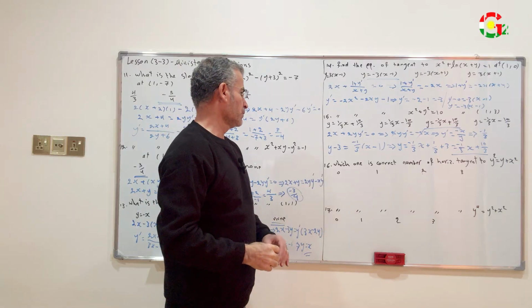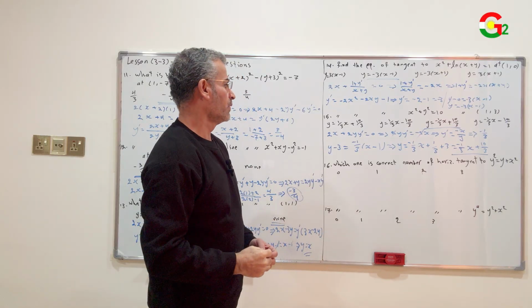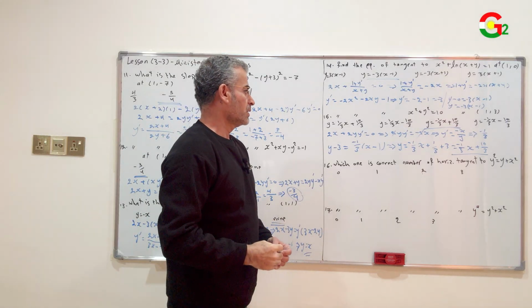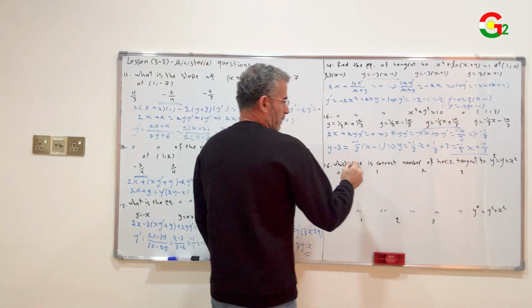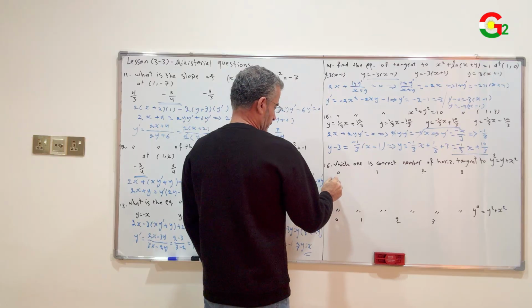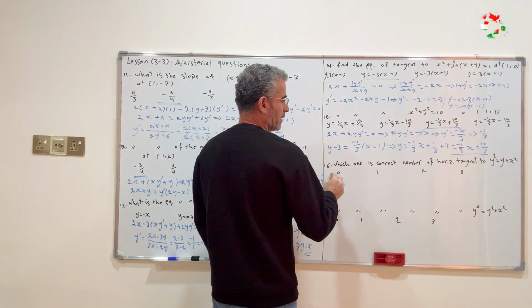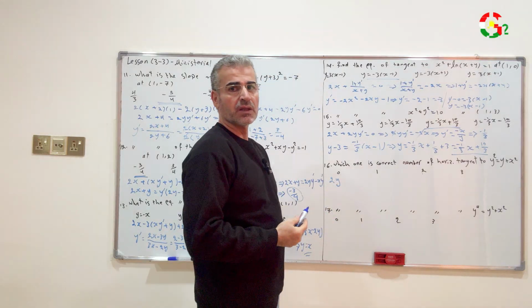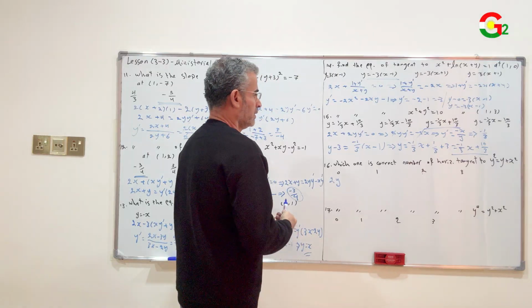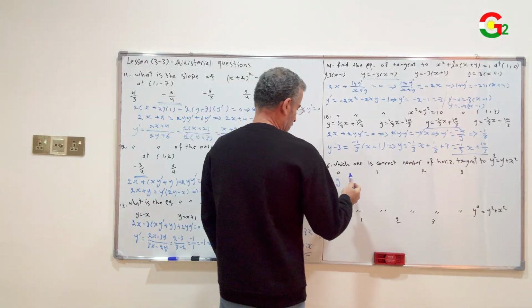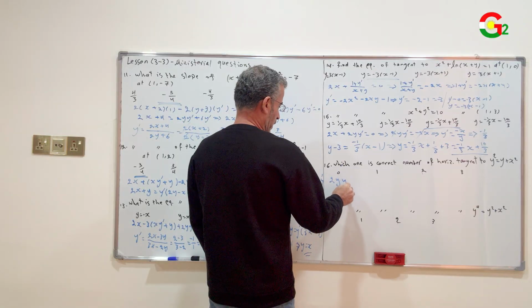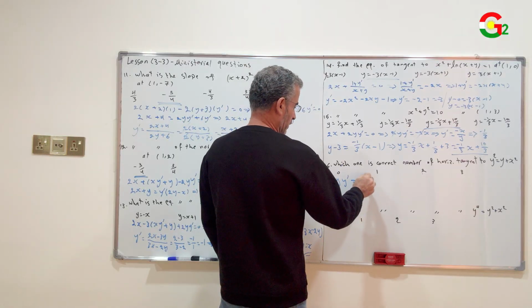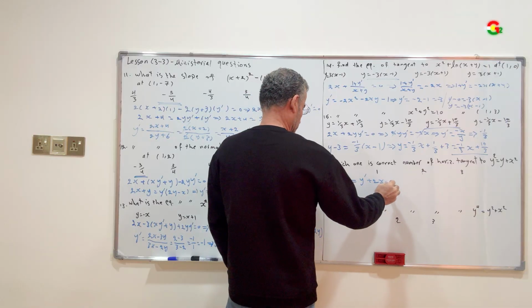Question number 16. Which one is correct number of horizontal tangents to the curve? First, we find the slope. To find the point, make the slope, the derivative, 0. It is the horizontal tangent line to the curve. 2y, y prime equals y prime plus 2x.